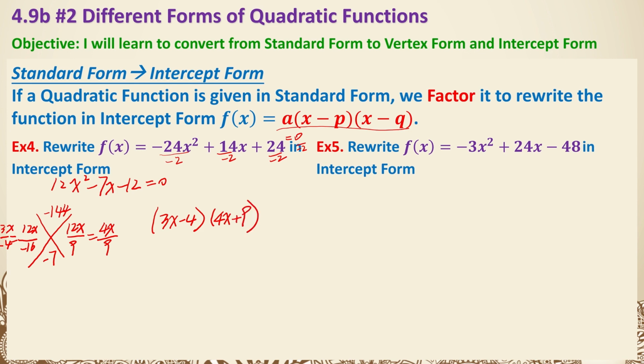In order to use the intercept form, we actually need to find the x-intercepts. Or in other words, we need to find the zeros. So we're actually going to need to solve them. This one is going to give us a zero of 4/3. This one is going to give us a zero of negative 9/4. And these are the numbers we are going to put inside the parentheses.